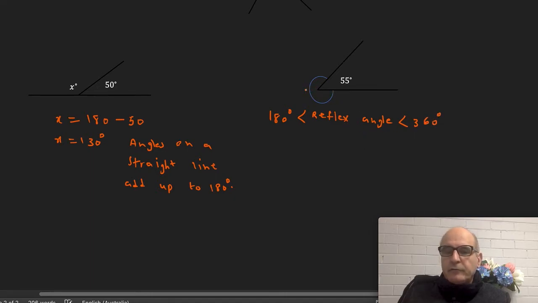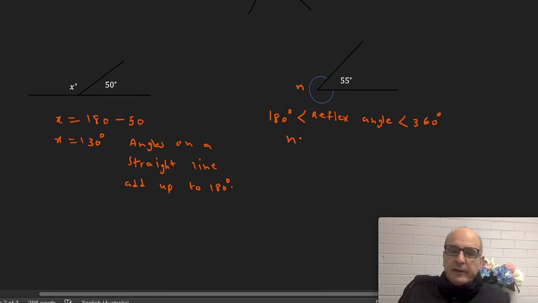Here they want me to find this. Let's call it N. How much is this angle N? Because we're talking about the revolution, if it kept turning all the way to here, that would have been 360. So this line can start turning this way, all the way here, and back on itself. That would be 360. But this angle is only 55 degrees short of that.